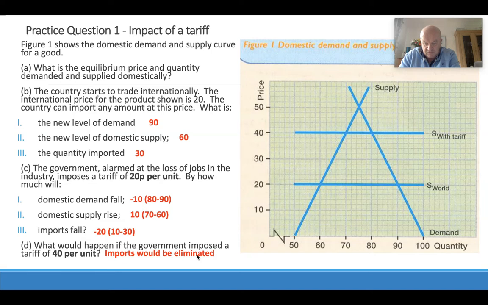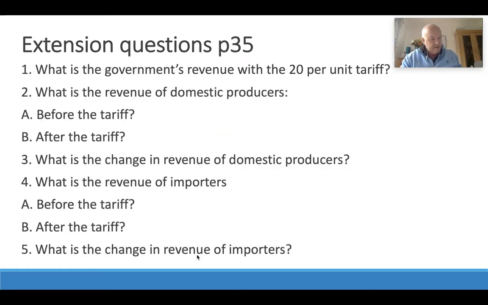Those imports would essentially be eliminated because supply and demand would be satisfied by the domestic market. Okay, so hopefully that starts to make a little bit more sense. And then obviously you can take a look at the next couple of questions, and then I think we'll stop.